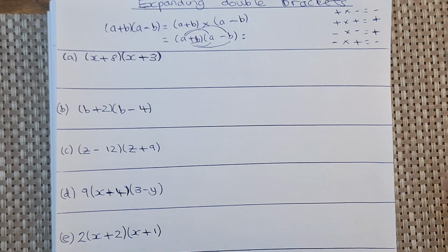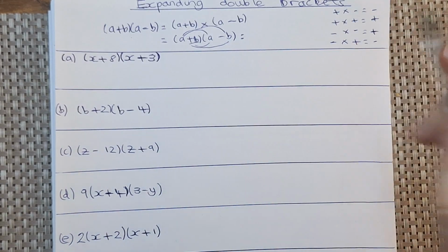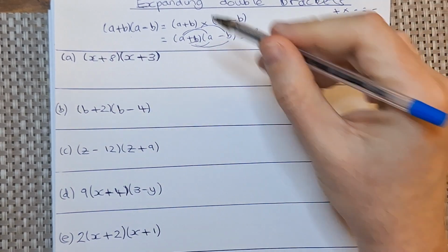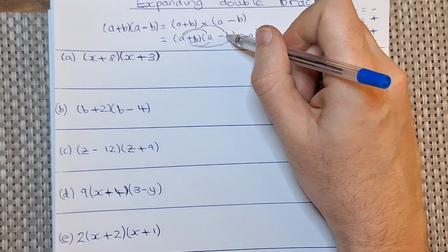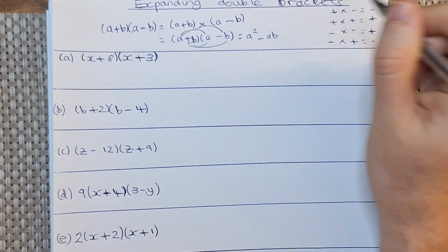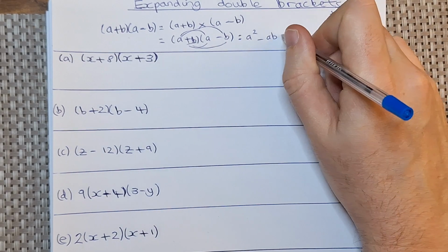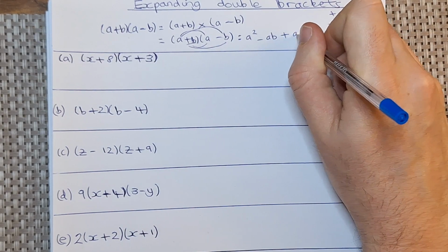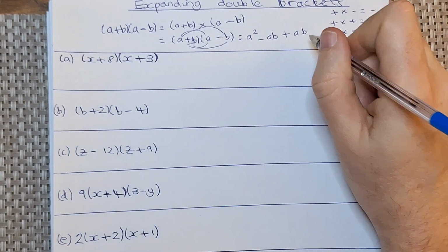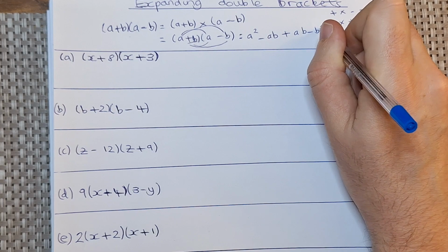Now in this example here, we'd firstly do a times a, which we know is a squared. We then do a times minus b, which is minus ab, and we do b times a, which is plus ab, and then we do b times minus b, which is minus b squared.